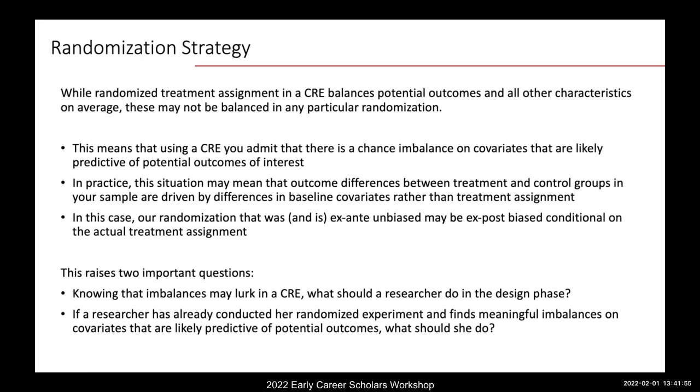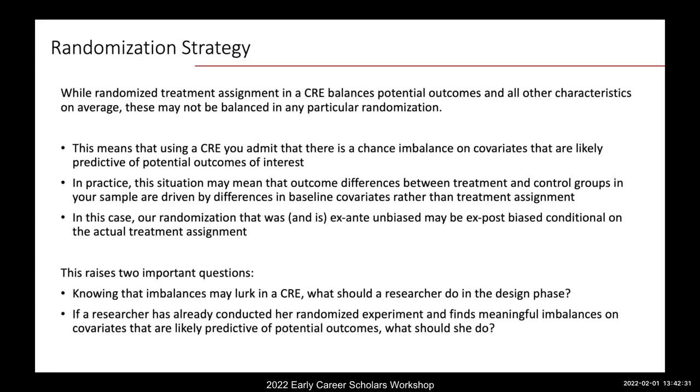Then we cannot be entirely sure that any differences in outcomes that we observe are actually driven by our treatment, or that they are not driven by the fact that women behave differently in the outcome that we're looking at. So in this case, what happened is that ex ante our randomization was unbiased. But ex post, it might be biased conditional on the actual treatment assignment, okay?